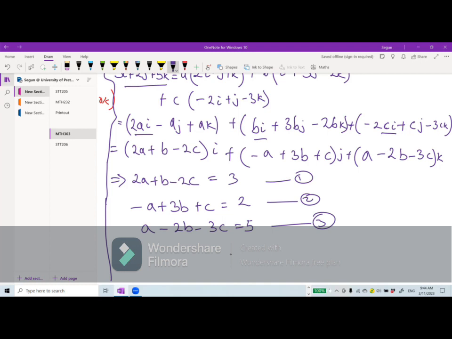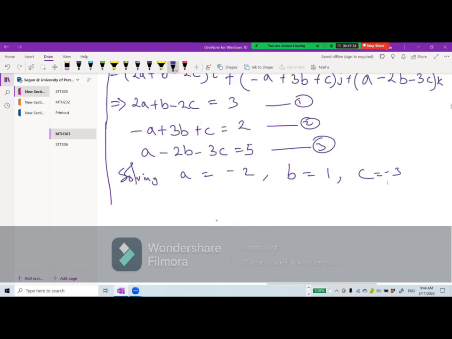So if you solve this very well, you have a equals minus 2, b equals 1, and c equals negative 3. So our R4 can now be equal to negative 2R1 plus R2 minus 3R3.